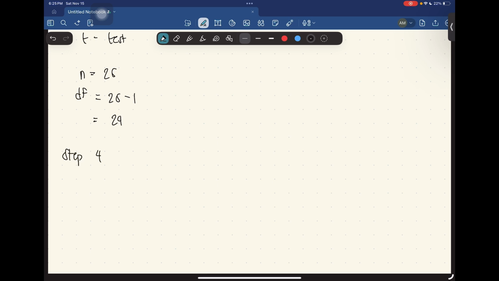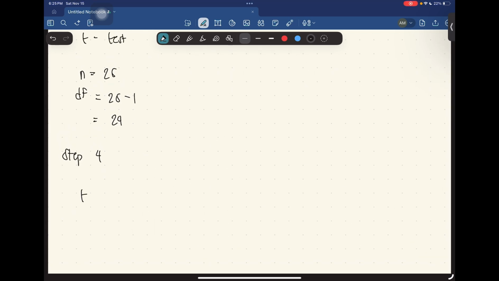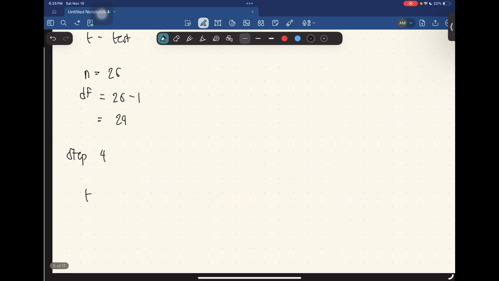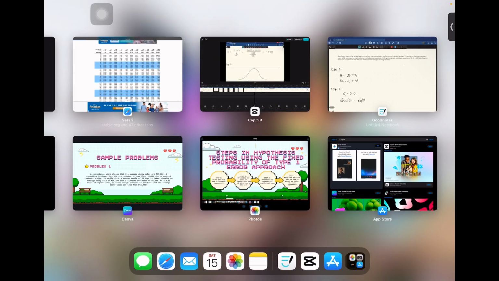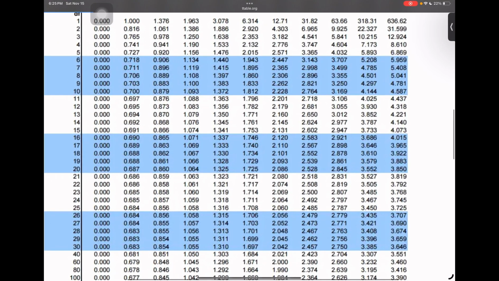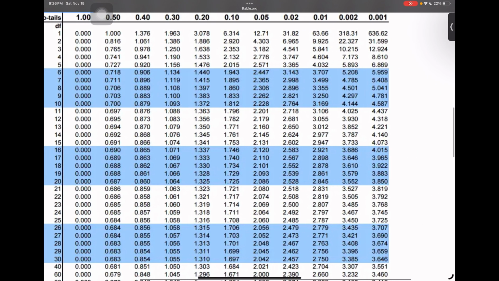Next step is how we decide on how to accept or reject the null hypothesis. So, for our t-table, our t critical value is equals to, we can see that our degree of freedom is 24, while our level of significance is 0.01.